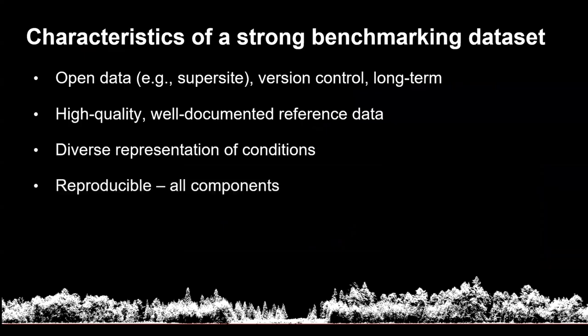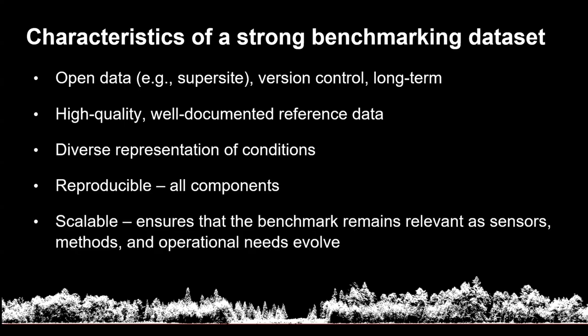All components of the data set have to be reproducible, so the evaluation protocols, the code, everything should be open and transparent. And ideally, the data set will be scalable so that it's possible to add new observations or new methodologies as the technology and the sensors continue to evolve.